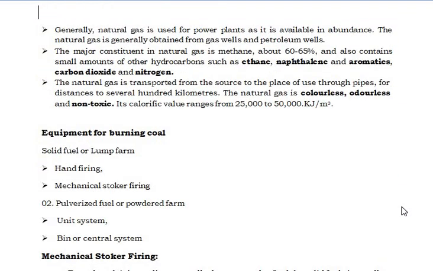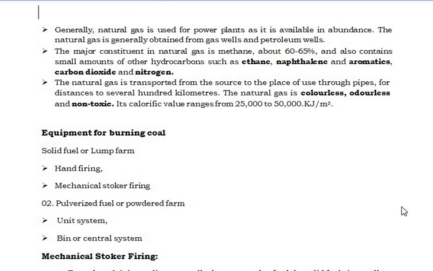Generally, natural gas is used for power plants as it is available in abundance. The natural gas is generally obtained from gas wells and petroleum wells. The major constituent in natural gas is methane, about 60 to 65%, and it also contains small amounts of other hydrocarbons such as ethane, naphthalene, and aromatics, carbon dioxide, and nitrogen.